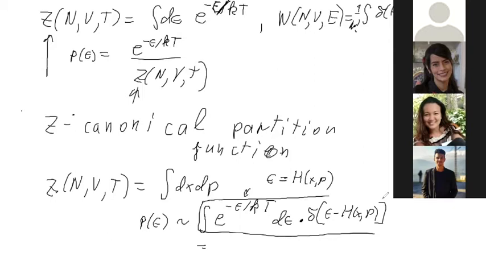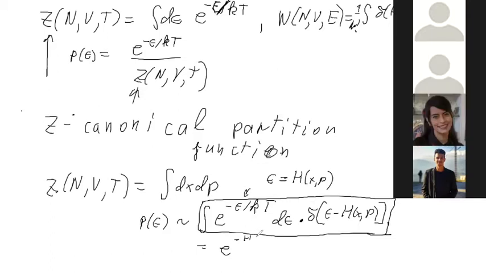It's e to the power of negative epsilon, I'm integrating over epsilon, H of x, p over kT. Okay, and now the partition function can be written as the integral over dx dp of e to the minus H(x,p) over kT.